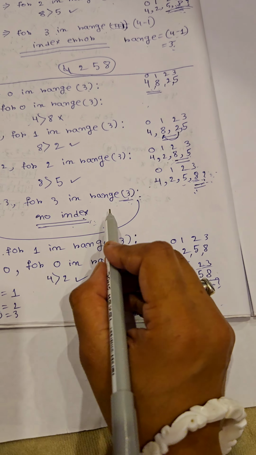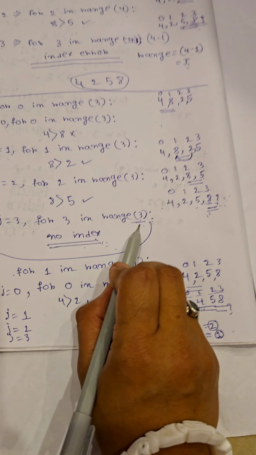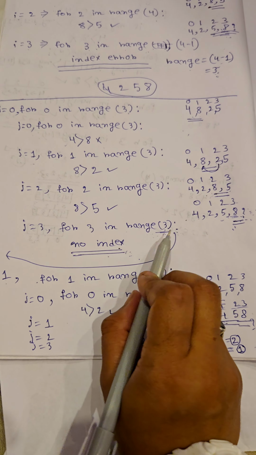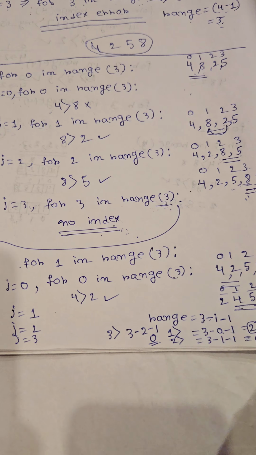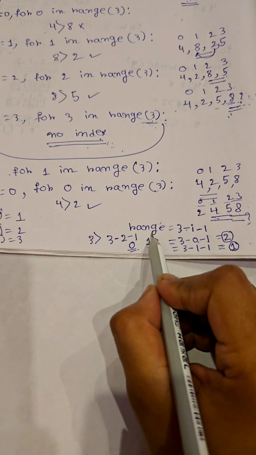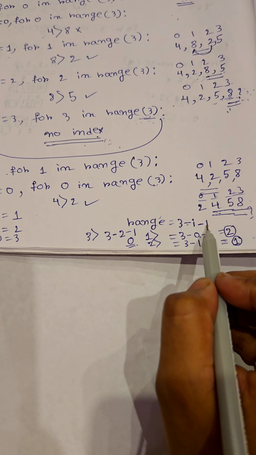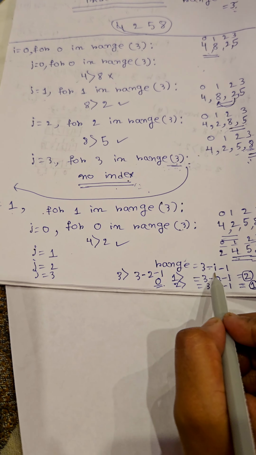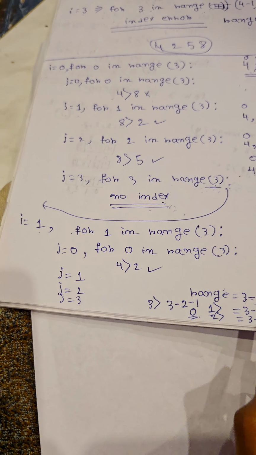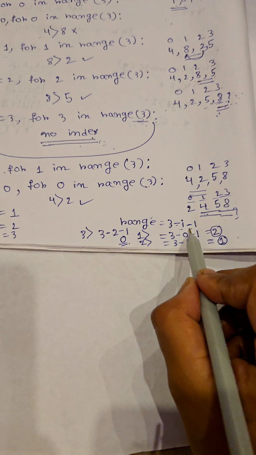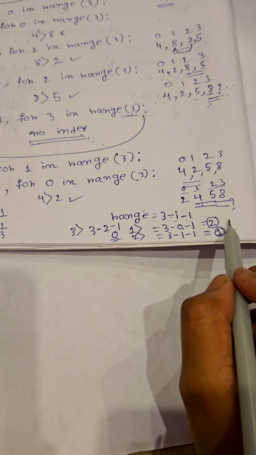So we have to write minus 1 again. How can we do that? Range equals 3 minus i minus 1. Here i equals 0, so 3 minus 0 minus 1 equals 2.